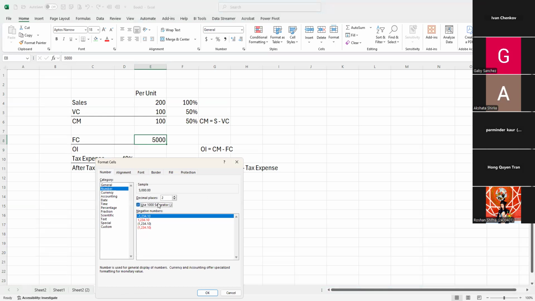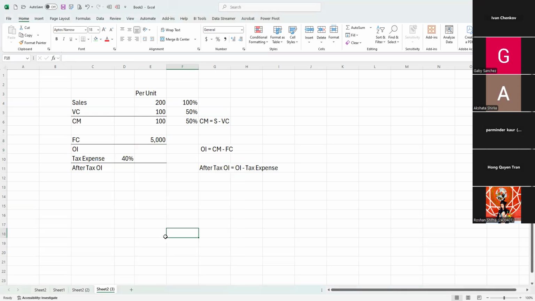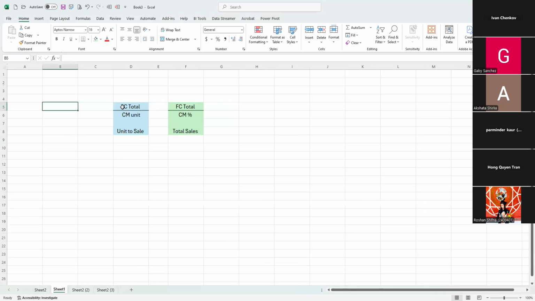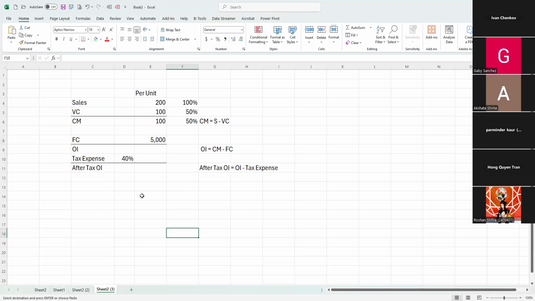Now, what I need to do is to figure out where is my break-even point first. How can I calculate the break-even point? We already saw, right? It depends which break-even point I need. If I need break-even point as units of sales, I have to get my fixed cost divided by contribution margin per unit.